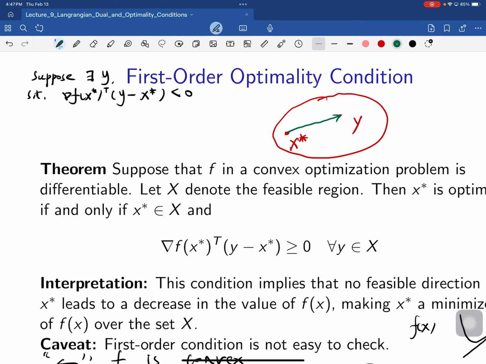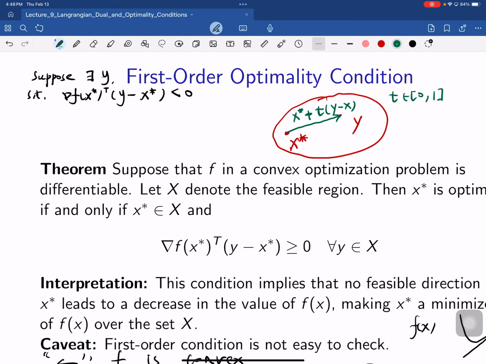Intuitively, if this is less than 0, then if you move from x star to y, maybe there is a point that will decrease the function value. So let's suppose you move from x star to y along the curve. You can describe this green curve by x star plus t times (y minus x star), where t is from 0 to 1.